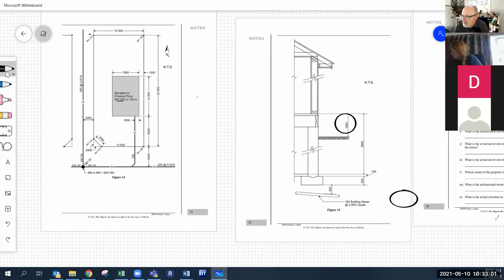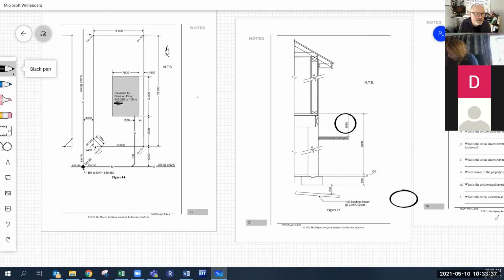Okay, the next question is how much higher or lower is the main floor than the highest point on the lot? So is it higher or lower? And then by how much? There's our finished floor at 642,20. It is the highest for sure, but by how much? So we have to find the other elevations.